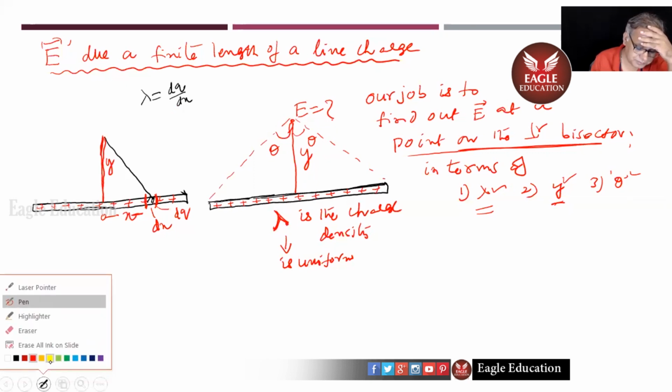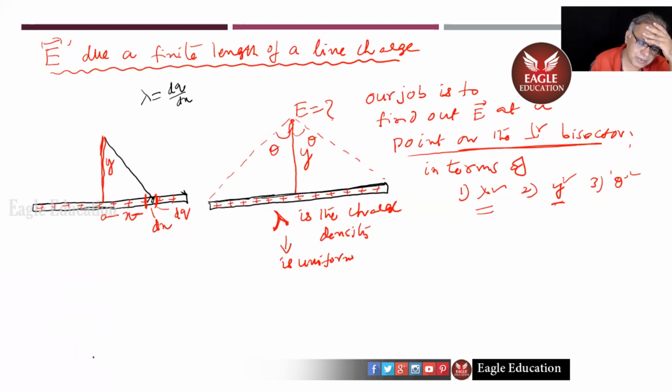Now tell me, what is the direction of E here? Like this, away from the point. This is dE, because of this dq, which is considered as a point charge.